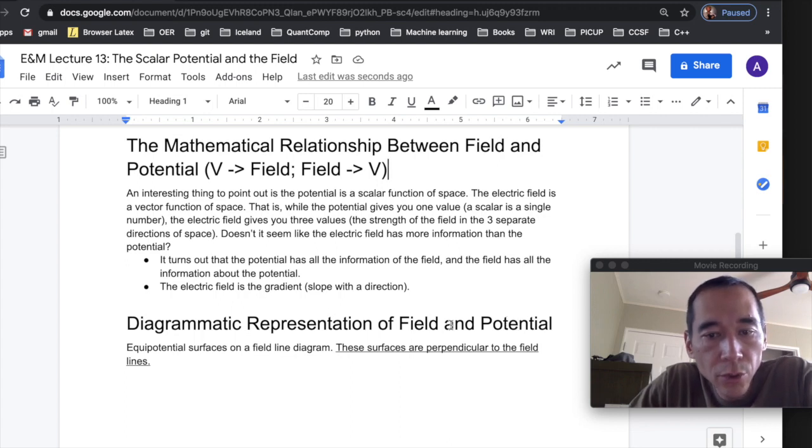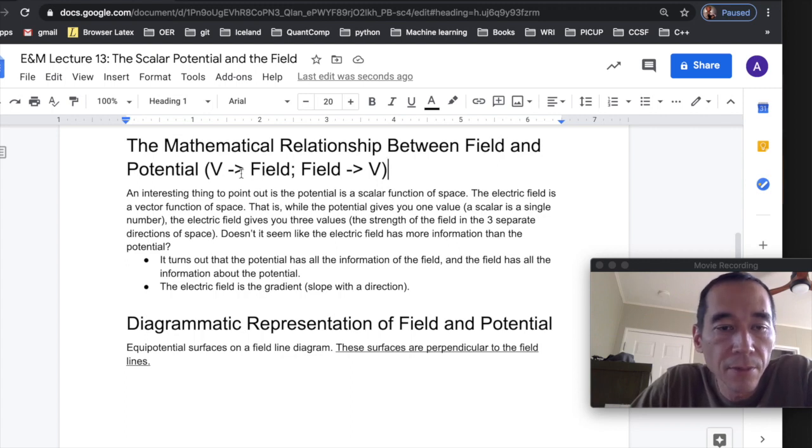And you'll learn about the reason why these diagrams make sense while we do some calculus up here, because the relationship between the scalar potential V and the electric field E is a calculus relationship.